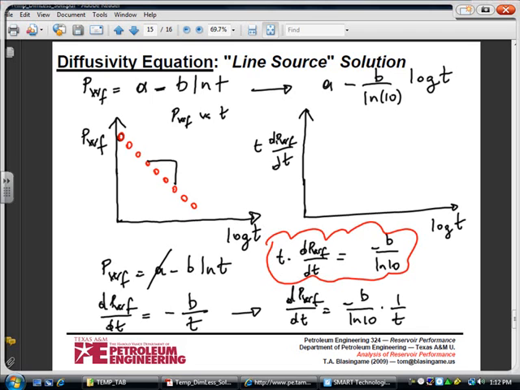And this is the well-testing derivative versus time.